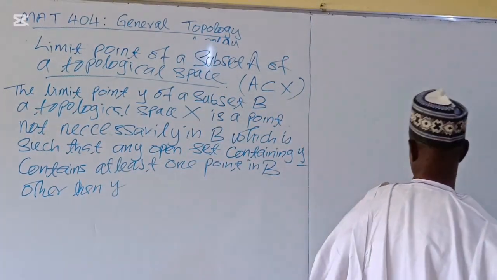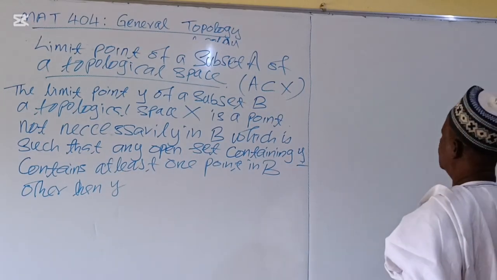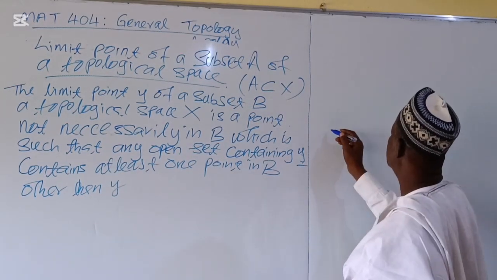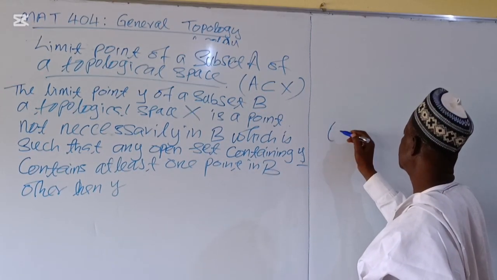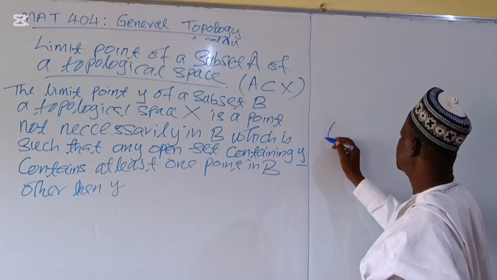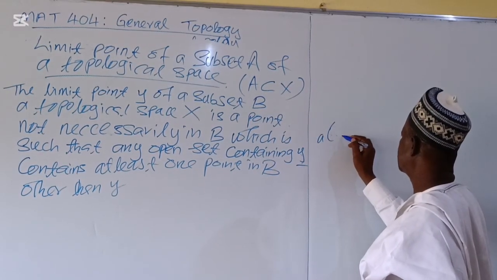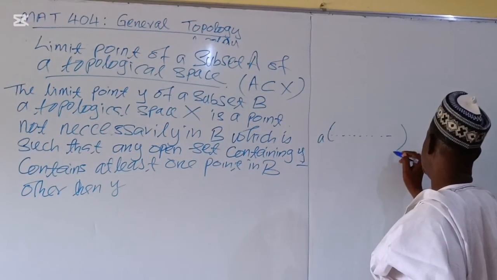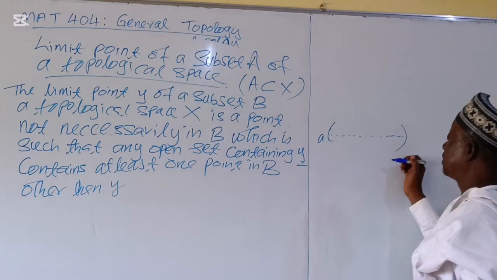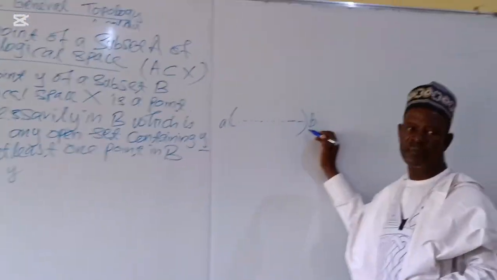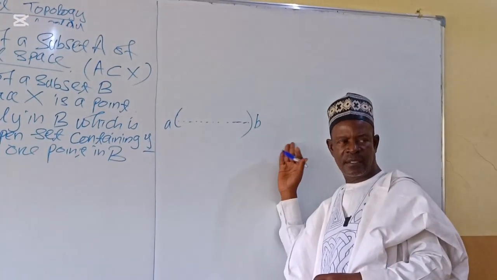So like I said, for example, if this is a set A, you have points up to B, you assume the limit point is somewhere towards the end, isn't it?